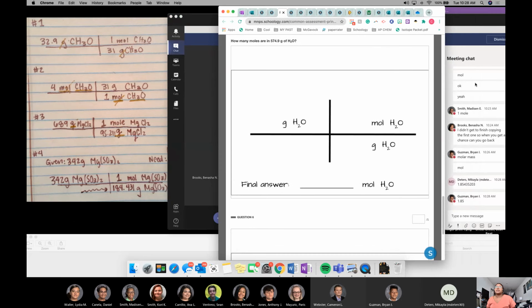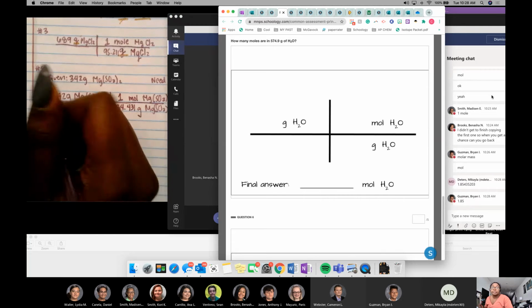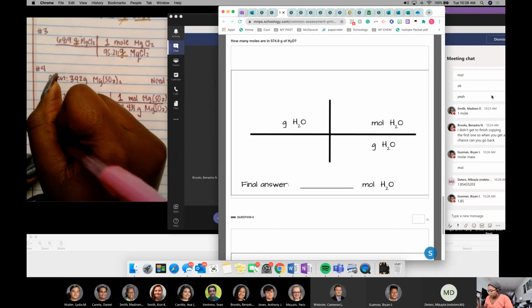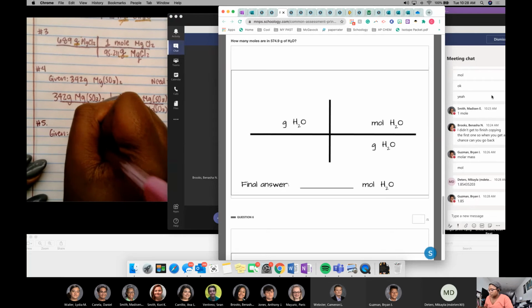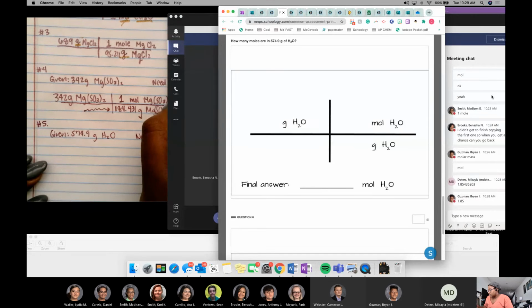How many moles are in 574 grams of H2O? We need moles of H2O.